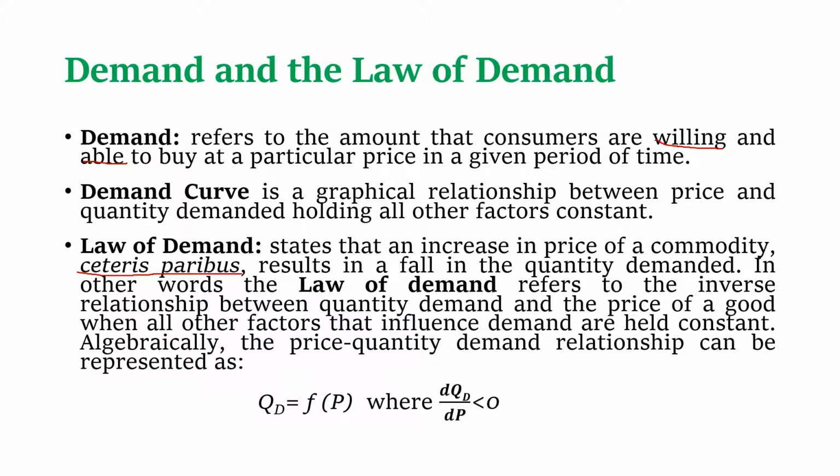The law of demand states that an increase in price of a commodity, ceteris paribus, all else equal, results in a fall in the quantity demanded. In other words, the law of demand refers to what? The inverse relationship between quantity demanded and the price of a good, when all other factors that influence demand are held constant.